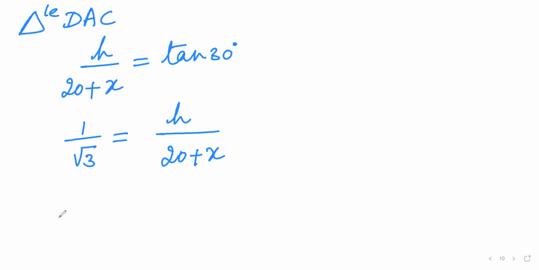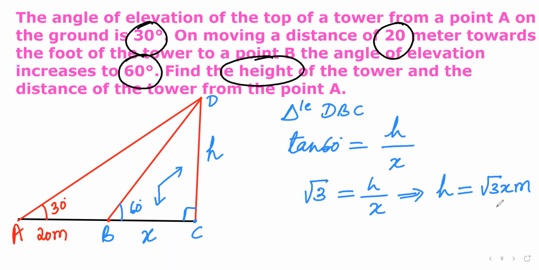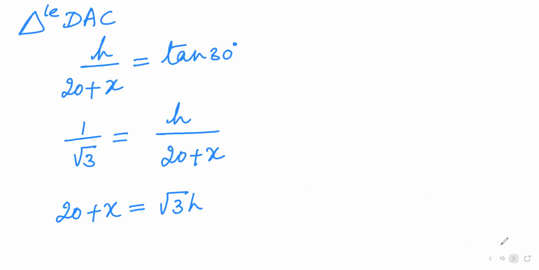We'll cross multiply. 20 plus X equals root 3 into H. Now we know the value of H from this. I can call it equation number 1, and I'll call this equation number 2.